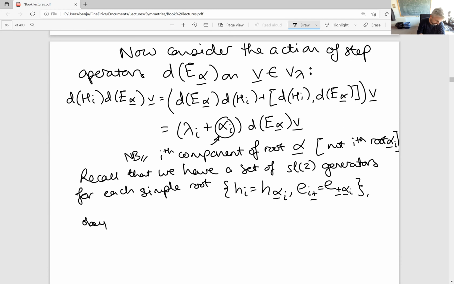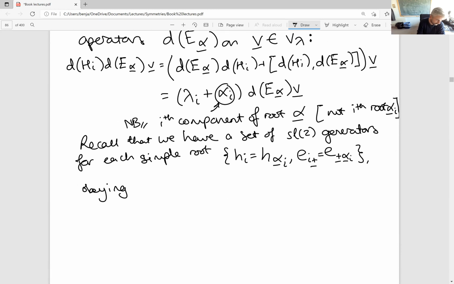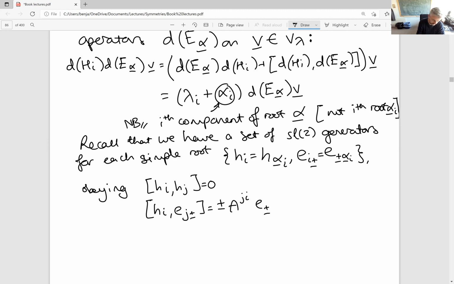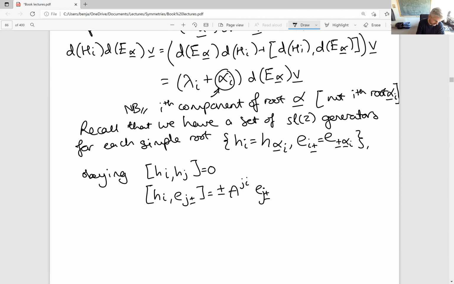And our Lie algebra, the final form of it, was that [H_i, H_j] is 0, [H_i, E_j plus or minus] is plus or minus A_ji E_j plus or minus, and [E_i plus, E_i minus] is H_i. There's no sum on these.